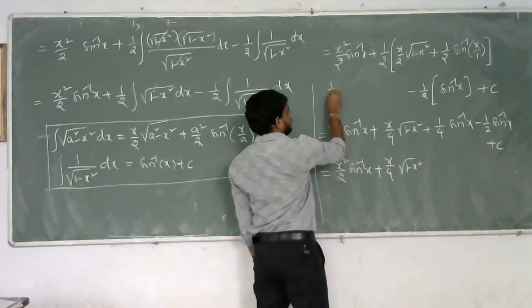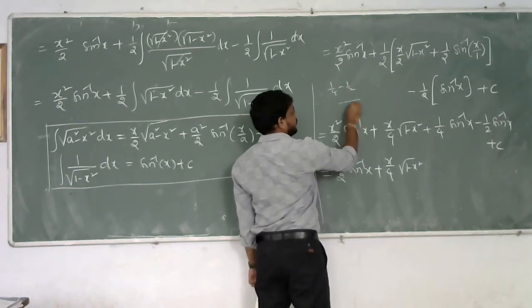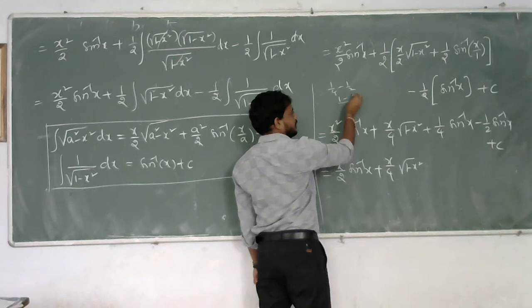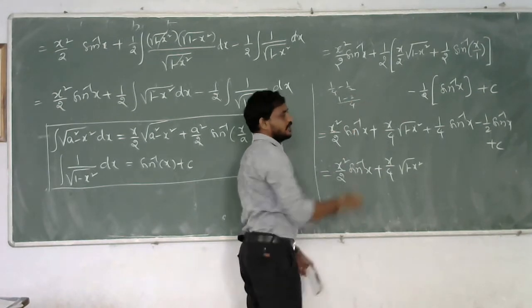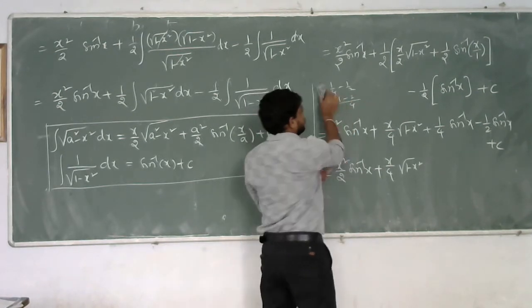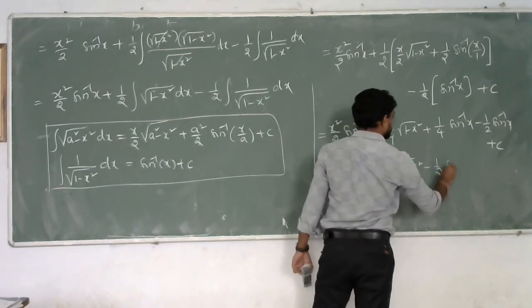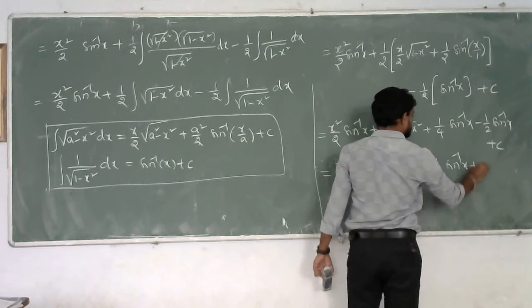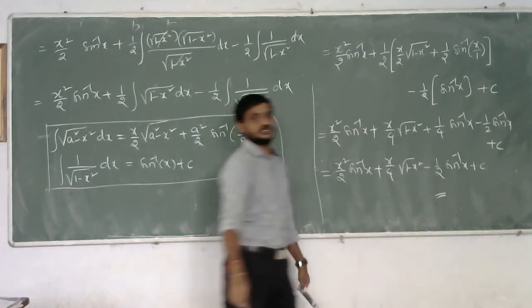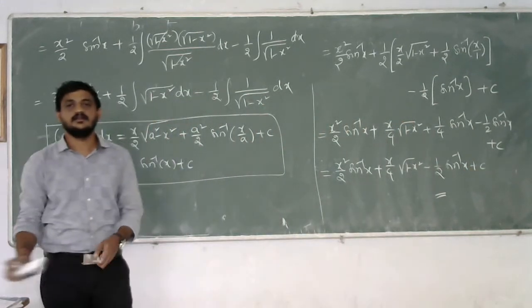Writing here 1 by 4 minus 1 by 2, LCM will be 4, here will be 1 and here 2. That means you will get minus 1 by 2, right? So minus 1 by 2 into sin inverse of x plus c. So that is the solution of the given integral.